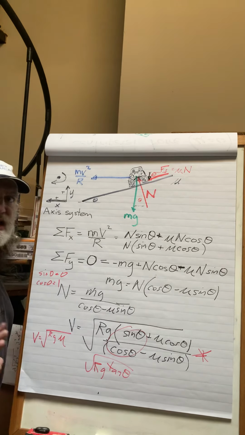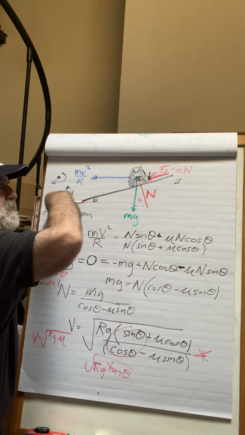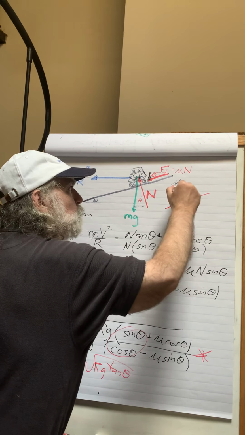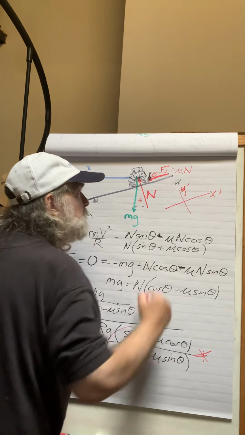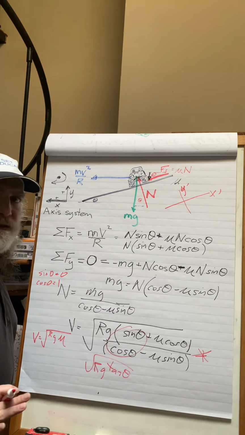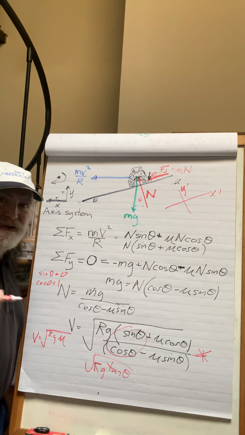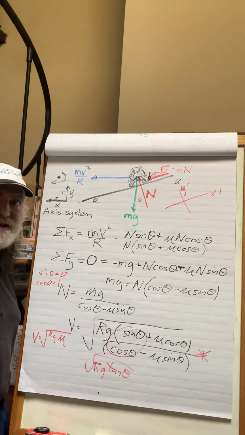Now, I defy anybody to derive these equations separately in the directions of motion. If you use this axis system, where this is x prime and y prime, I defy you to get out the other end. You can try it. If you're like I am, you like to prove the teacher wrong on all occasions that you can.